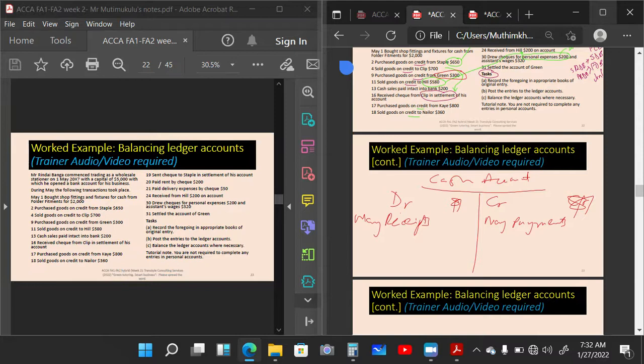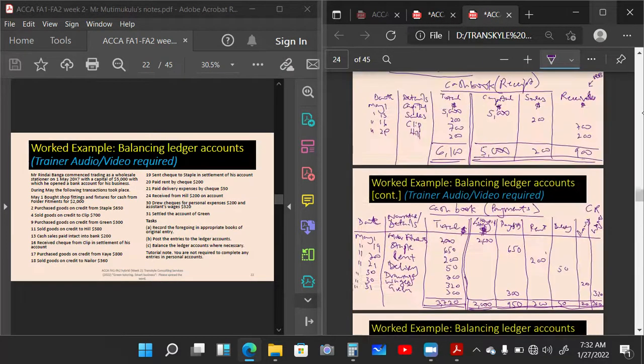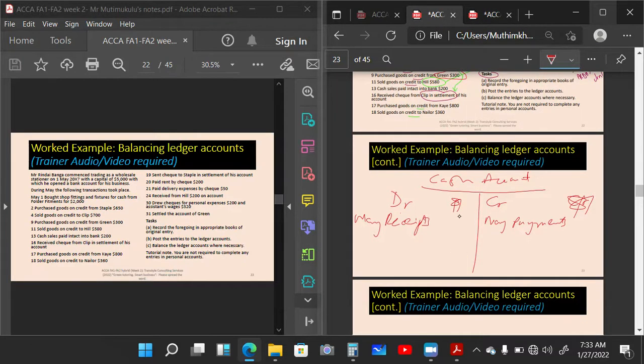So the total receipts for May, if we go to our cash book, they were 6,100. So we just take that figure, 6,100.